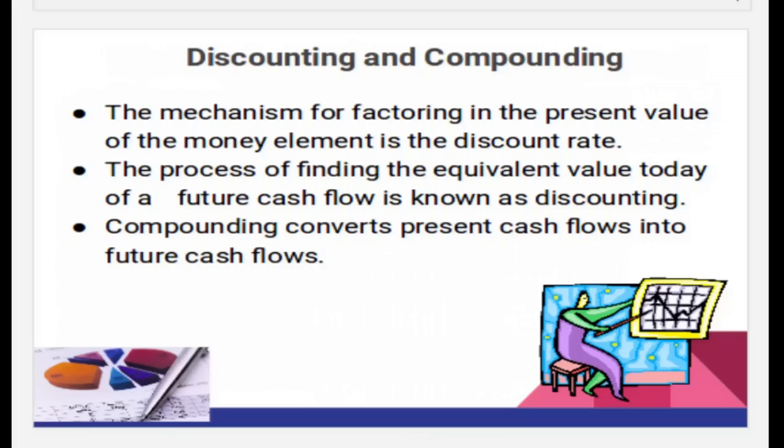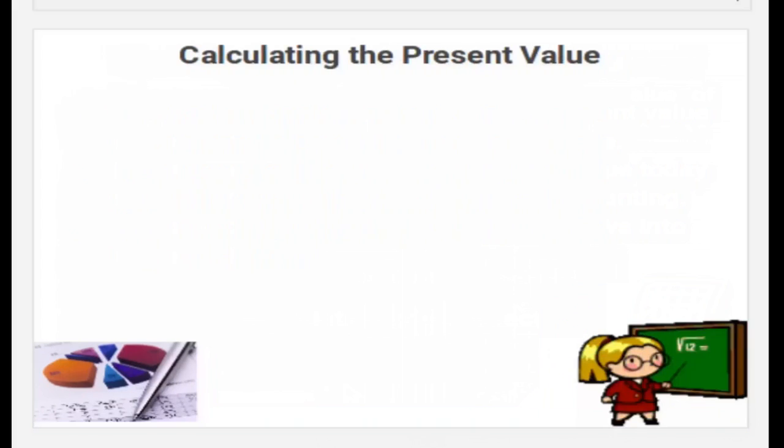We already learned how to calculate the future value. Now we will learn how to calculate the present value. The present value is the current value of a future sum of money or stream of cash flow given a specified rate of return.